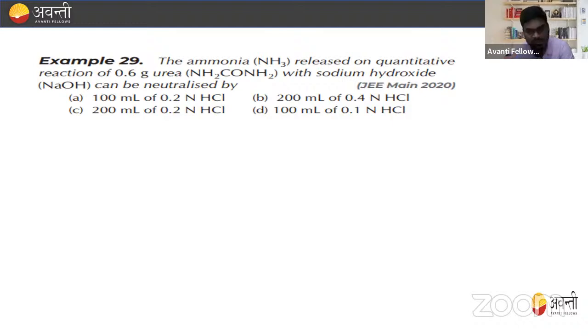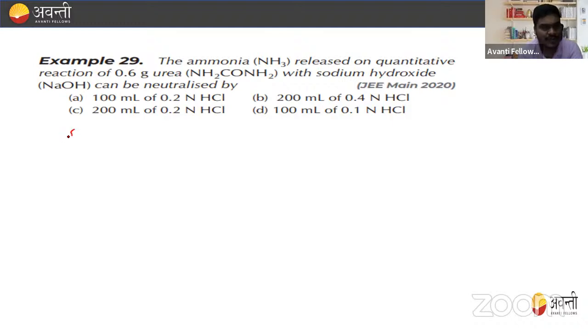The amount, that is 0.6 gram of urea, is given. Now we do this titration with sodium hydroxide, so we have to find the volume and the normality of the unknown solution, here sodium hydroxide.